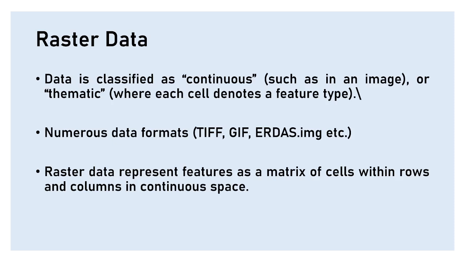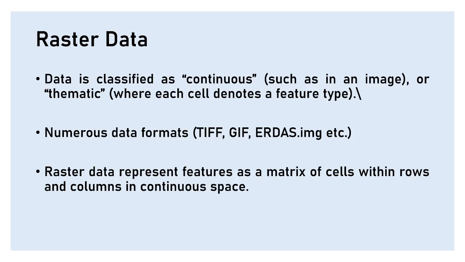And then you have thematic raster data, where each cell denotes a feature type. The example I will show you, but thematic is basically like thematic maps. I don't know if you're familiar with it.